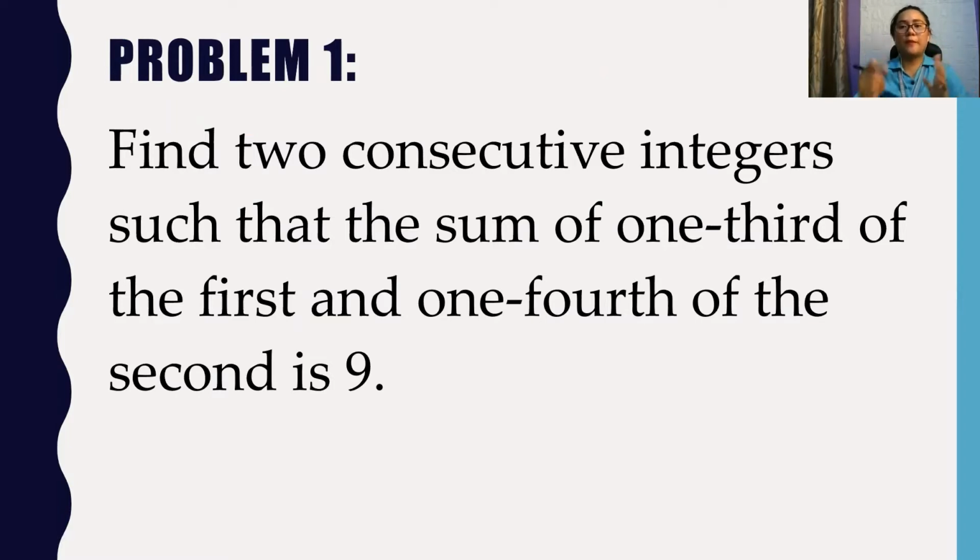So we will chop. Remember and recall that when we say consecutive, that means magkasunod. Integers would be the positive or negative integers. That includes the positive or the negative numbers. So consecutive means magkasunod. For example, if we have the first integer 2, ang sunod niyan ay 3.